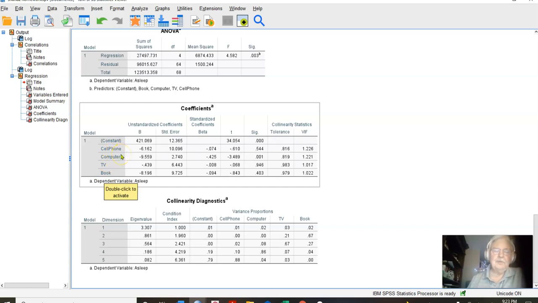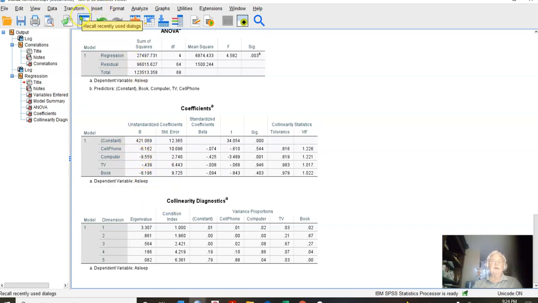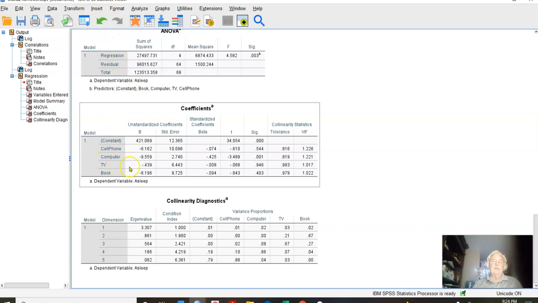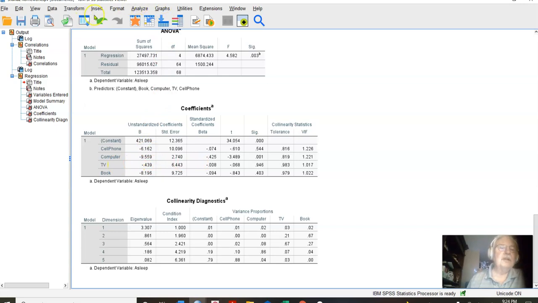We have treatment 1, 2, and 3. You wouldn't put treatment in here as a single variable, because then the coefficient would say 2 is greater than 1 and 3 is greater than 2, and it doesn't have that ordinal nature to it. They're categorical.